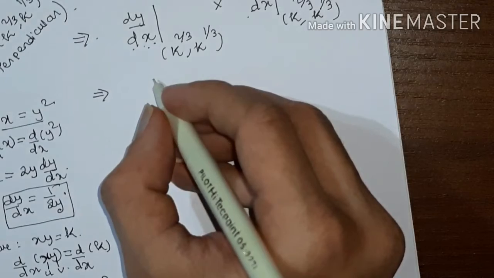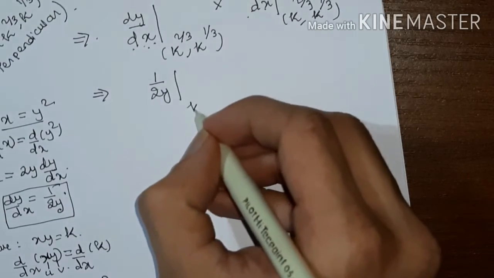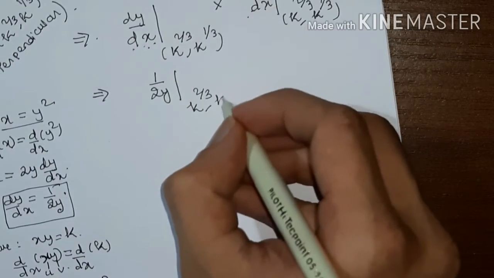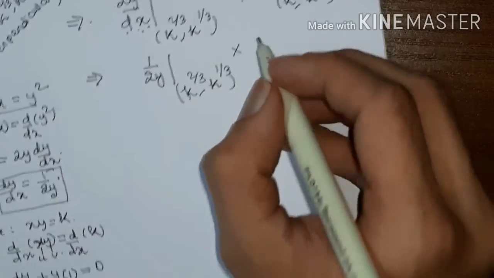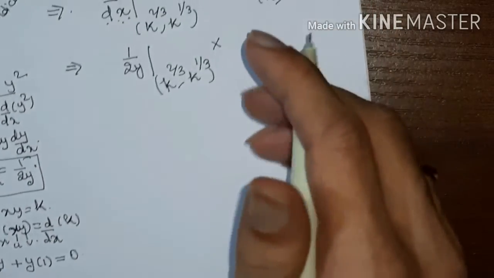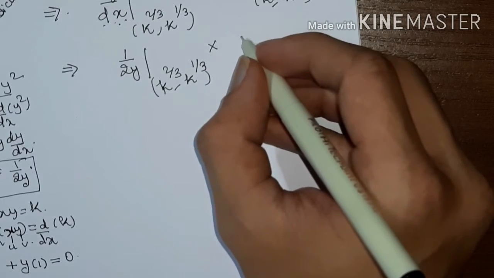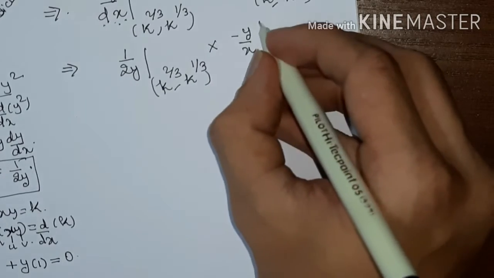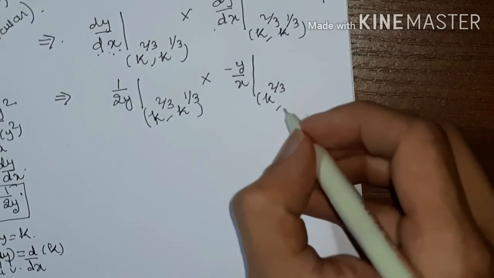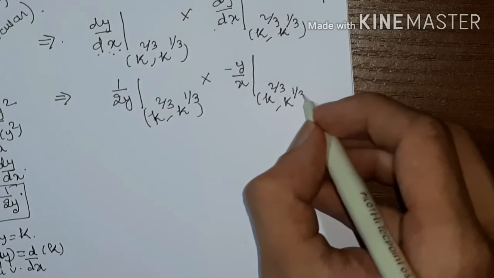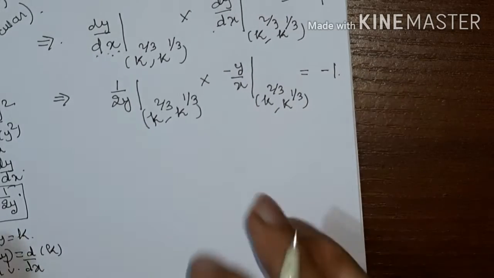So for the first curve, dy by dx is 1 by 2y at the point k raised to 2 by 3 comma k raised to 1 by 3, multiplied by dy by dx for the second curve, that is minus y by x at the point k raised to 2 by 3 comma k raised to 1 by 3, is equal to minus 1.